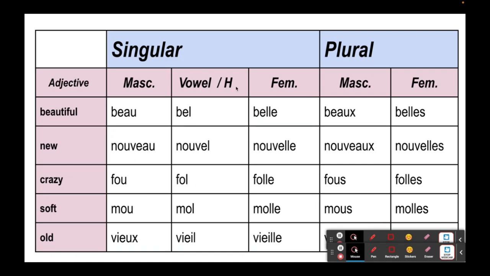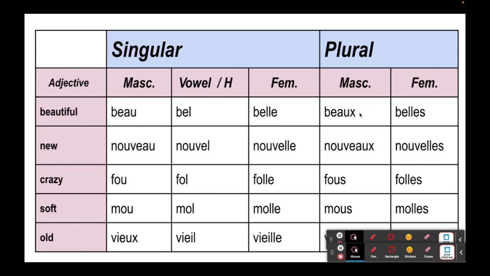So here we go. Singular form and plural form. We say beau for masculine, belle for feminine, and you spell it like this if the word that comes after is a vowel or starts with a silent H. Nouveau, nouvelle, fou, folle, mou, molle, vieux, vieille.